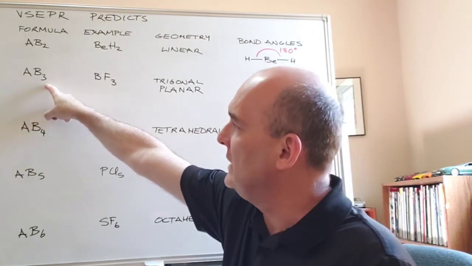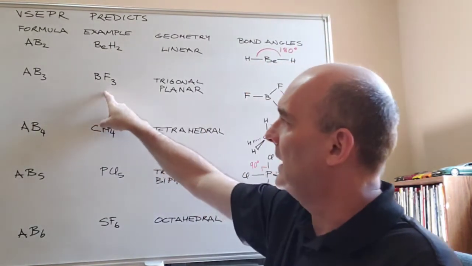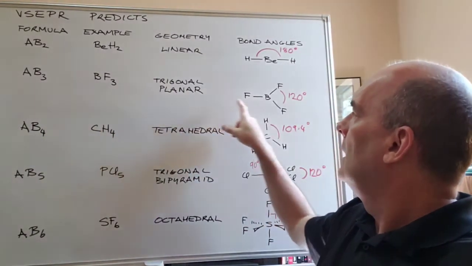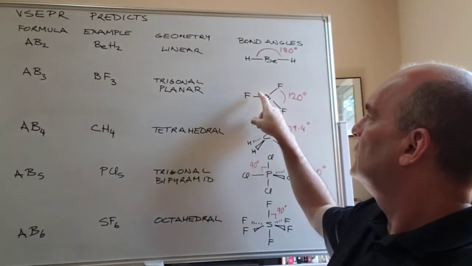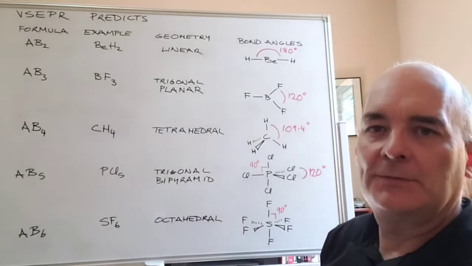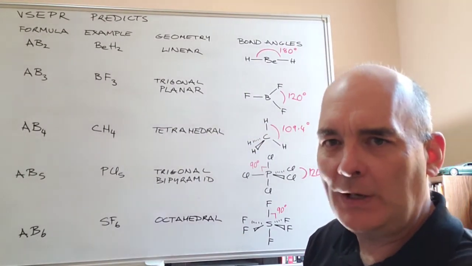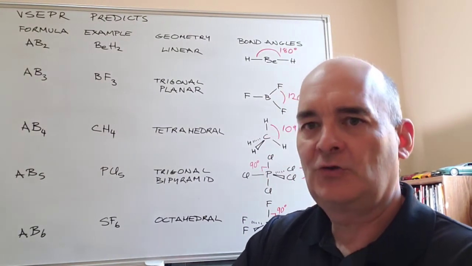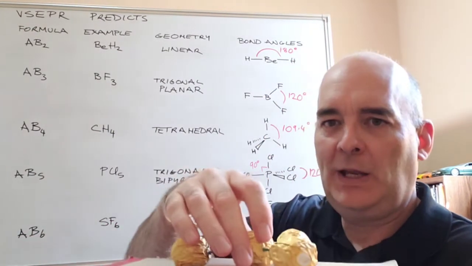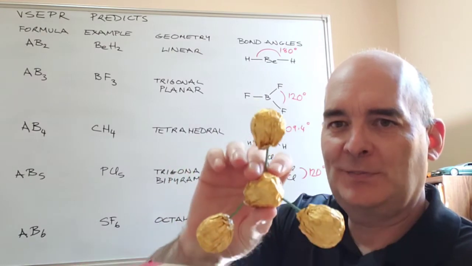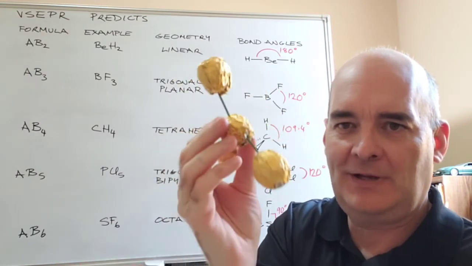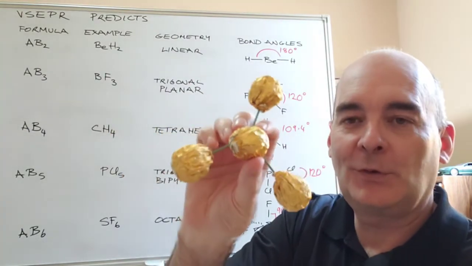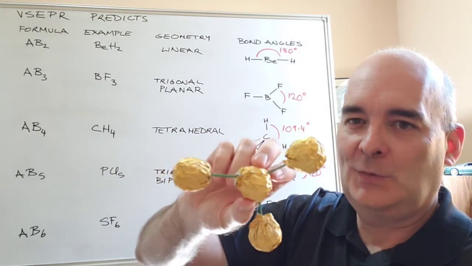If I put 3 bonds around a central atom, like I might see in boron trifluoride, then my angle between those bonds would be 120 degrees. This would give me something that is trigonal planar. Now, in class, we would do this with plastic models that are perfect for the bond angle, or balloons, which would also work because we're under quarantine.